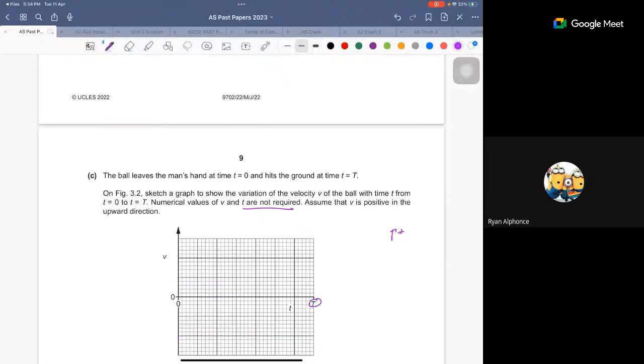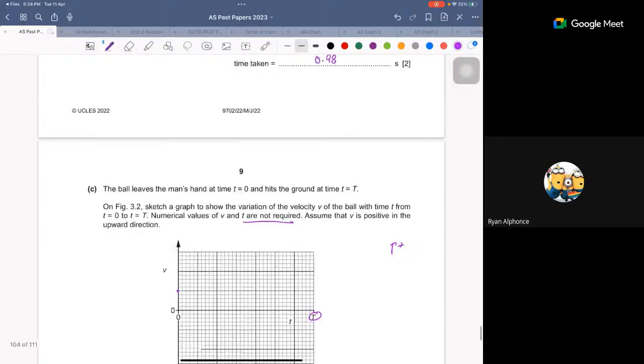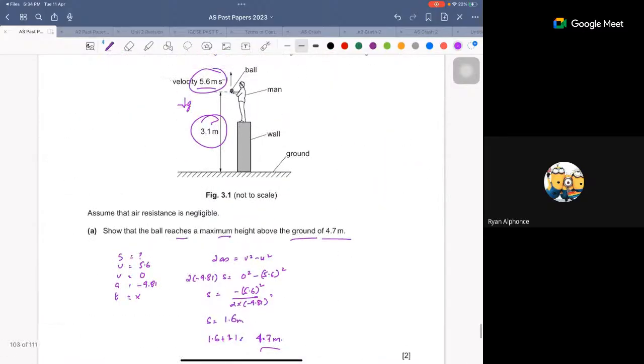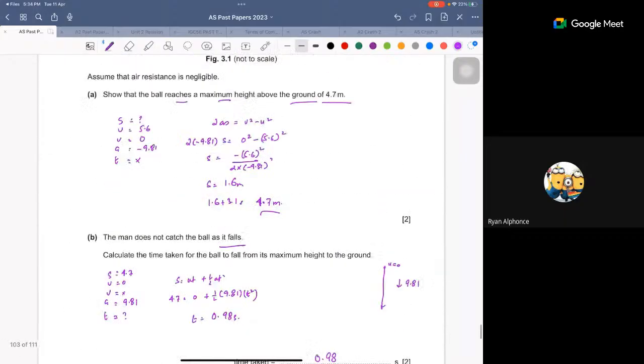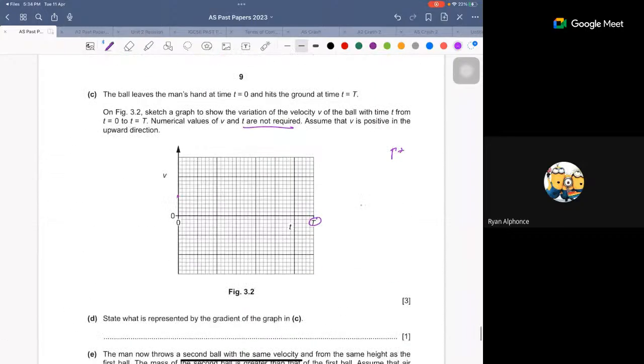Okay, fine. So you will have a velocity at the start, and then obviously when it falls, it will have greater velocity here. So initially, what I'm saying is it will go in the positive direction, and then it will fall back in the negative direction. So there will be a point where it will cross zero. So I'm going to put that, and I'm going to sketch a straight line till t.